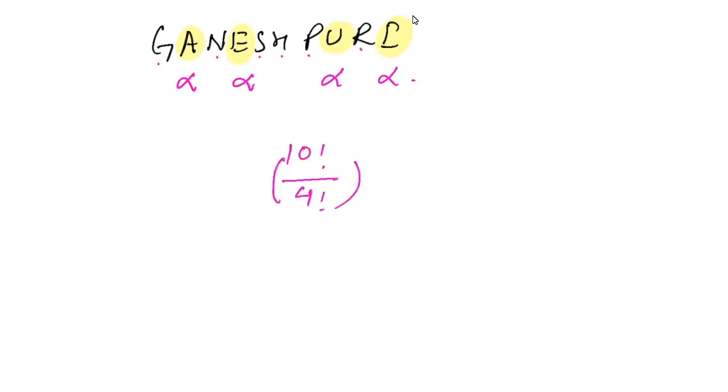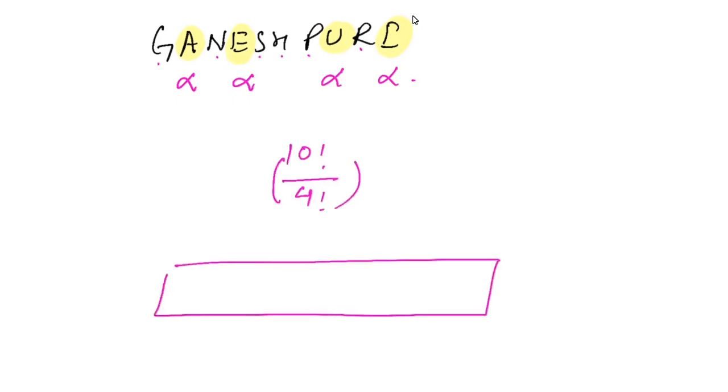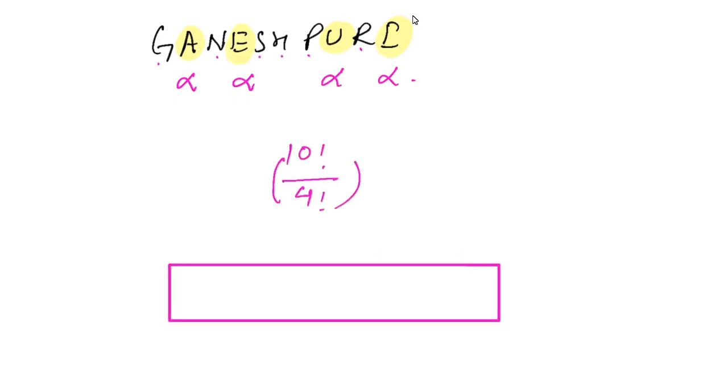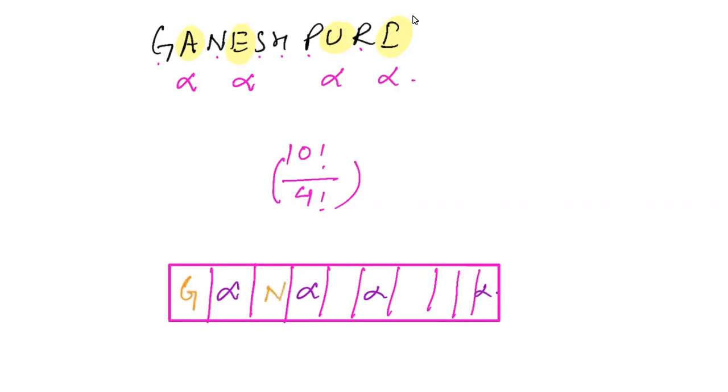So all the arrangements are there with 10 different places, and in between, 4 alphas are there, and the rest of the letters are coming as usual.